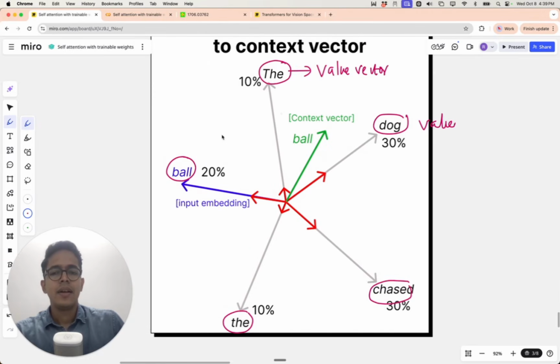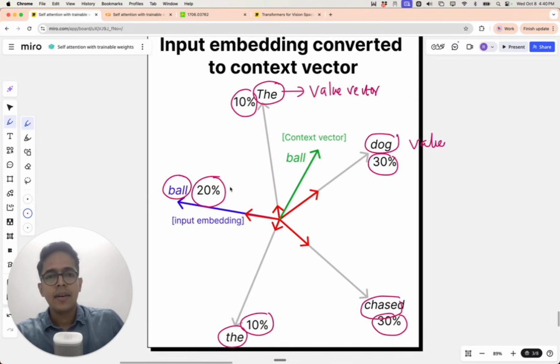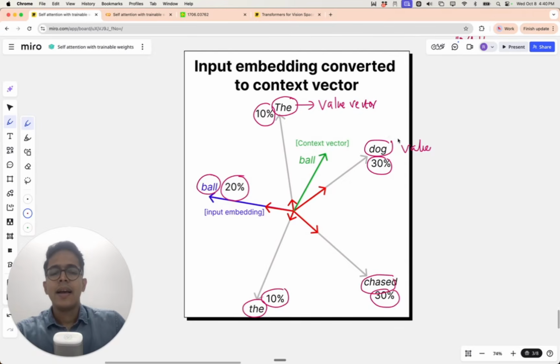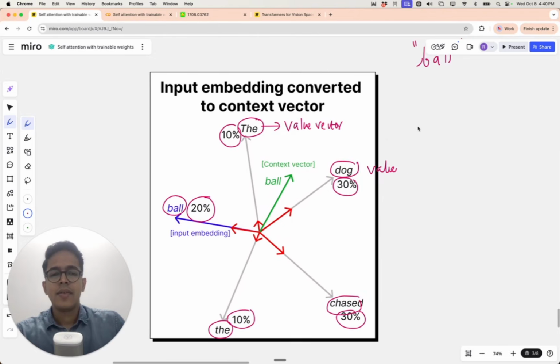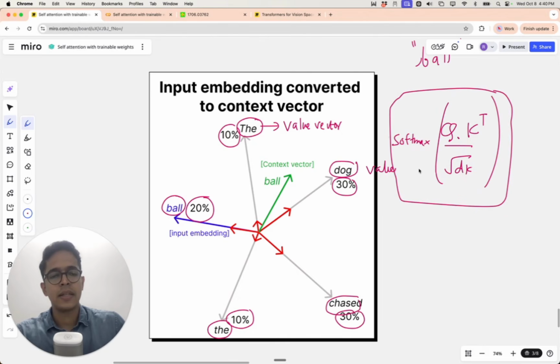Then these numbers 0.1, 0.3, 0.3, 0.1, 0.2 are the resulting attention weights, which came from the dot product between query and transpose of key. Then we divided by the square root of dk and applied softmax. So these attention weights are the result of this mathematical operation.